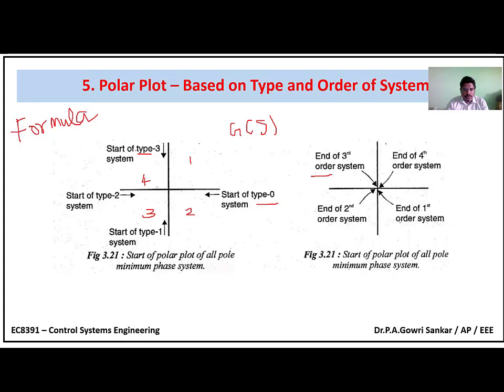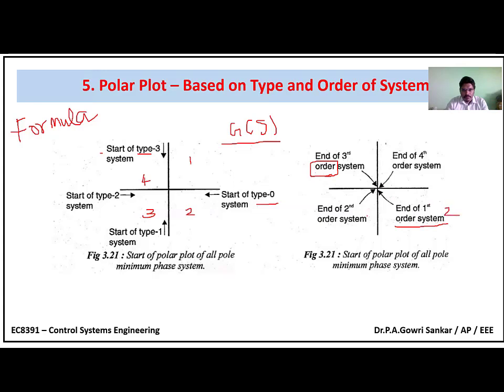Usually the starting point is determined by the type of the given open loop transfer function G of s, and the ending point is determined by the order. Suppose the order is 1, then the curve will end in the second quadrant.